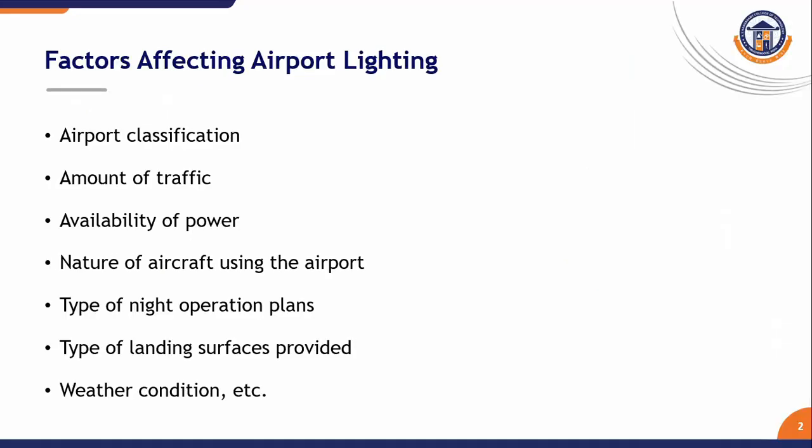Factors affecting airport lighting: airport classification, amount of traffic, availability of power, nature of aircraft using the airport, type of night operation plans, type of landing surfaces provided, and finally weather conditions, which are the main components to be considered for airport lighting.